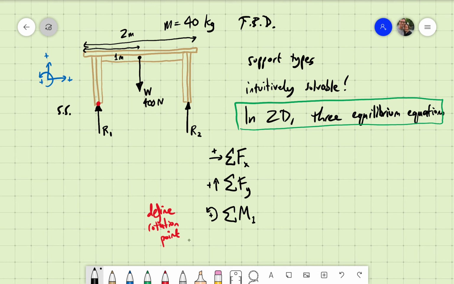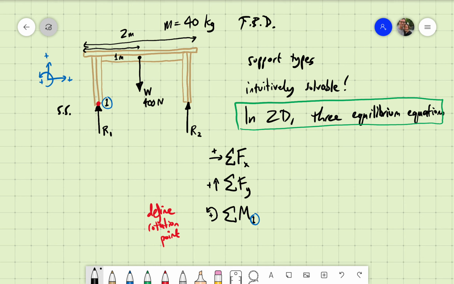It's fine if you use location A or B or C. Just pick something that's not going to be used anywhere else on the diagram. So this is the one that I'm using right here. I think you'll see more what I mean in a second.